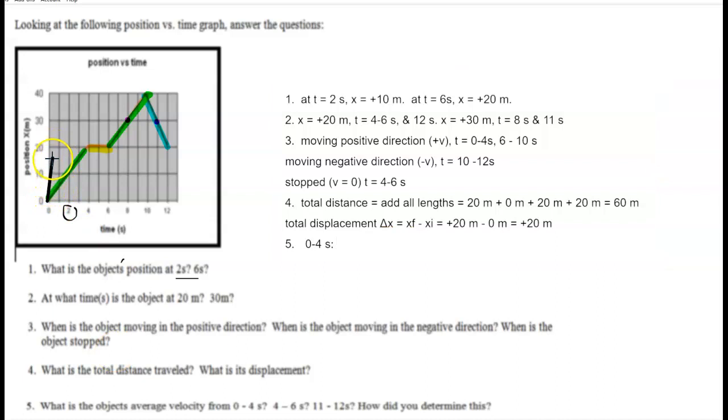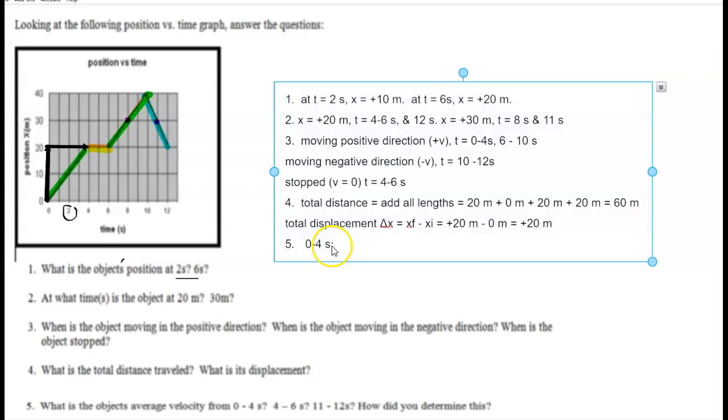So we're rising from 0 to 20, and then we're going over whatever amount of time that is. So for the first one here, we're going positive 20 meters, and we're going to divide that by the run across, which is 4 seconds of time. So if I divide positive 20 by 4, I get a positive 5 meters per second.